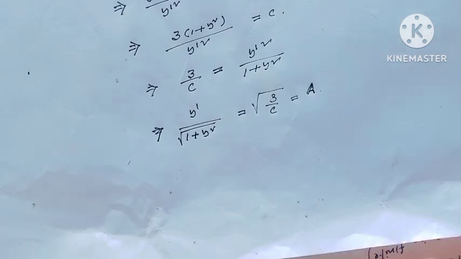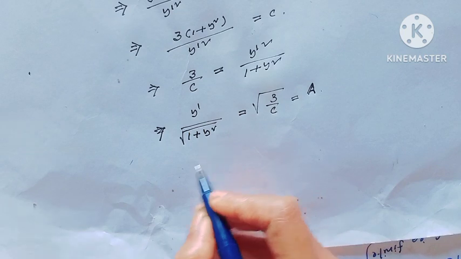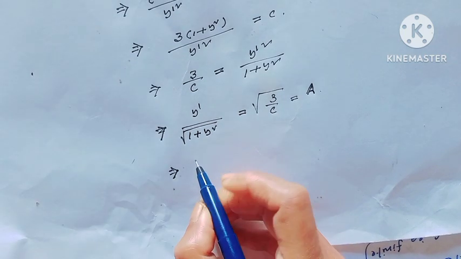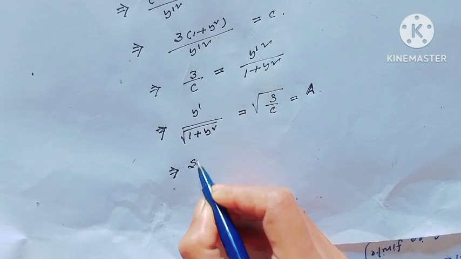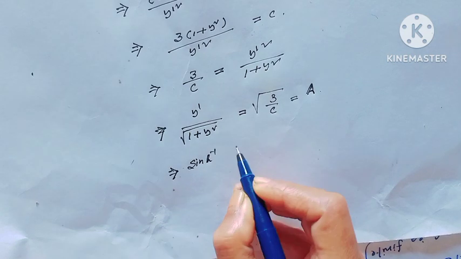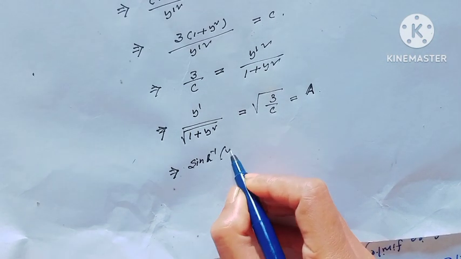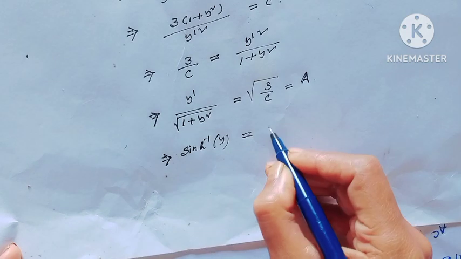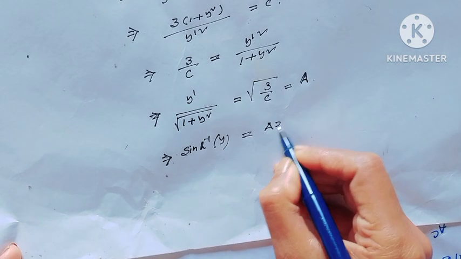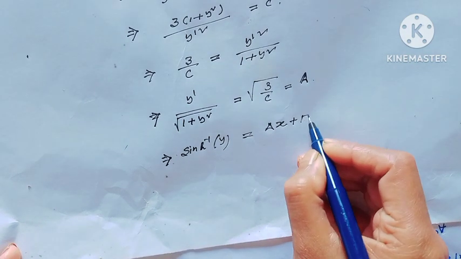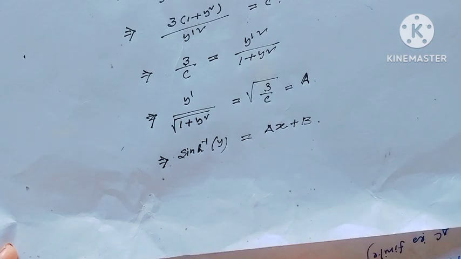Then we all of us know y prime over square root of 1 plus y square means obviously sine hyperbolic inverse y, and here after integrating, this value would be ax plus b.